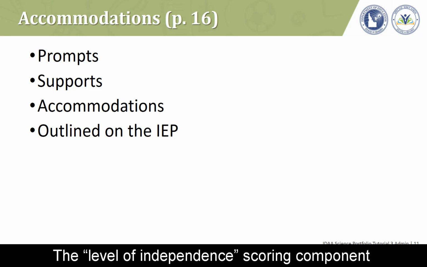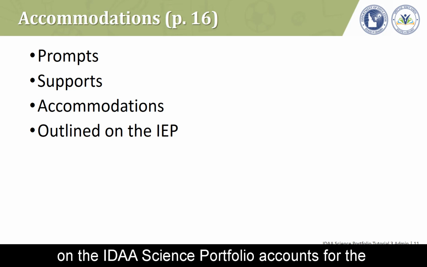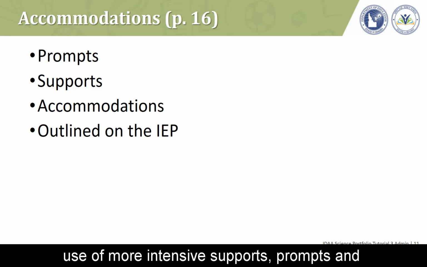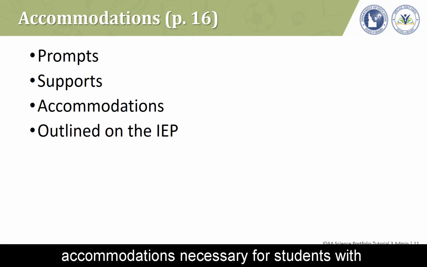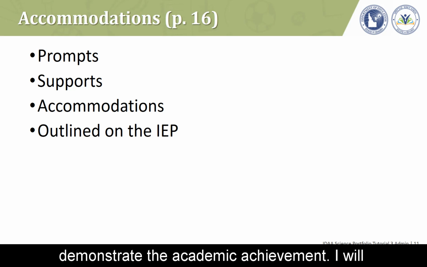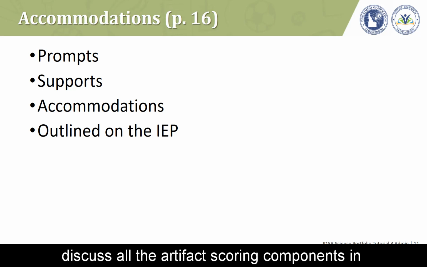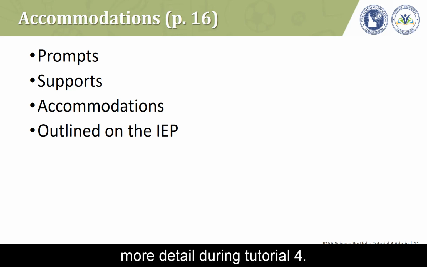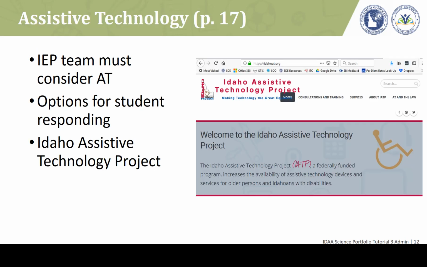The level of independent scoring component on the IDAA science portfolio accounts for the use of more intensive supports, prompts, and accommodations necessary for students with the most significant cognitive impairments to demonstrate academic achievement. I will discuss all the artifact scoring components in more detail during Tutorial 4.